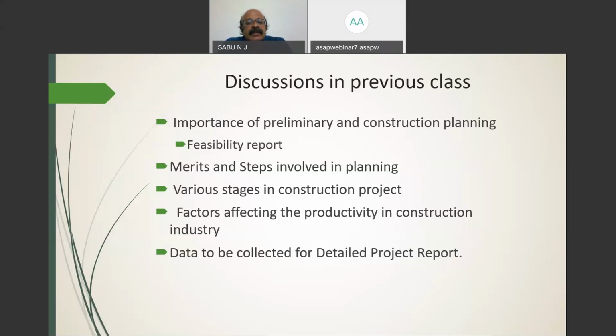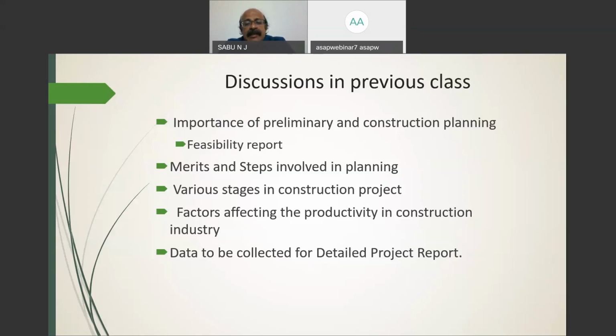Another discussion was the various stages in a construction project. When we take up a construction project, you have to identify the various important stages and what activities are to be done in each stage. We discussed that in detail in the last class. Another discussion was on the factors affecting productivity in the construction industry. You have also seen that the construction industry has some peculiar features, because it cannot be compared with conventional industry.